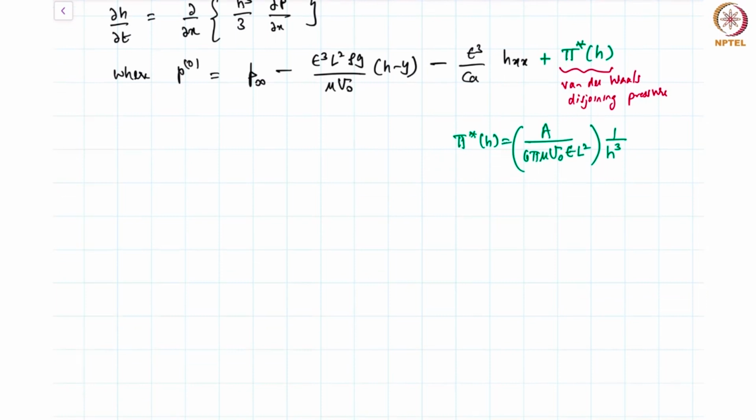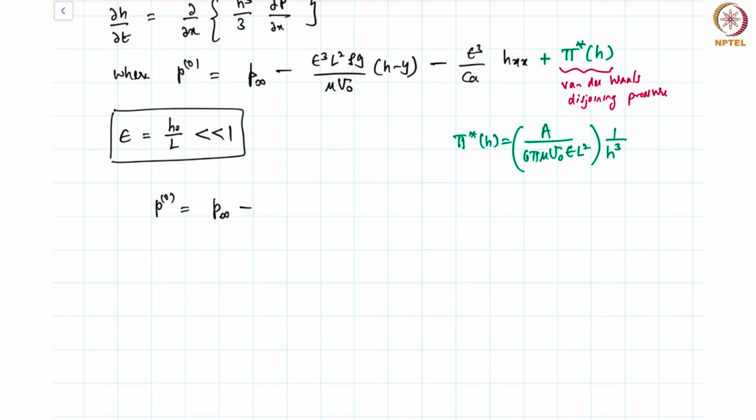So for example, this term pressure P naught will become, we have to remember that epsilon for us is H naught by L, which is much smaller than 1. So wherever there's L, I'll replace it with H naught by epsilon.